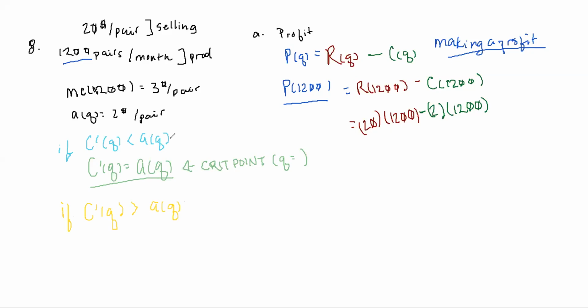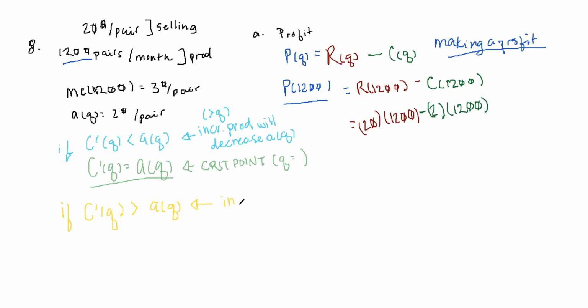So if marginal cost is less than the average cost, then increasing production, so greater Q, will decrease average cost.